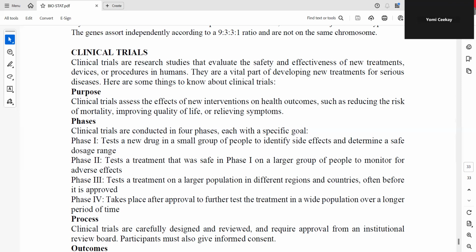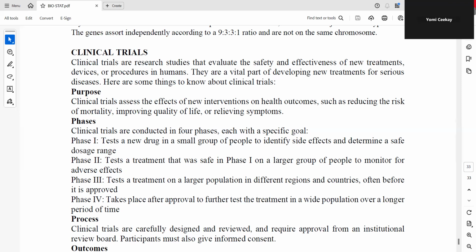So they need to test various drugs that will fit both black and white in the larger populace. Then the fourth phase takes place after approval, to further test the treatment in a wider population over a long period of time.